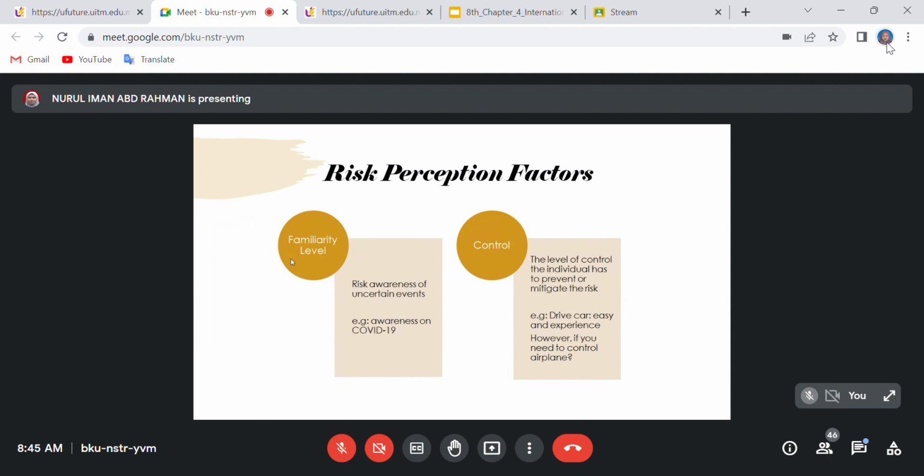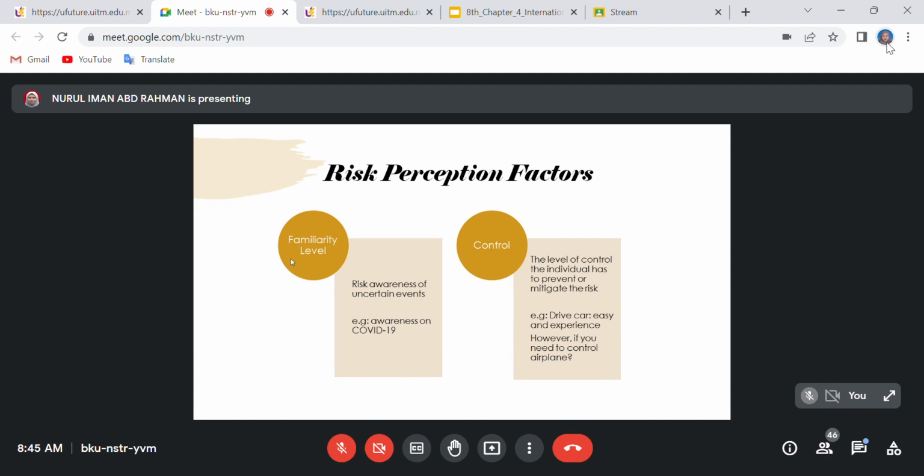Okay. And then for the second one, control. Your level of perception of the risk is based on your control, where the level of control the individual has to prevent or mitigate the risk. Meaning that if you have control over the risk, you will think the risk is not that bad. For example, driving a car.